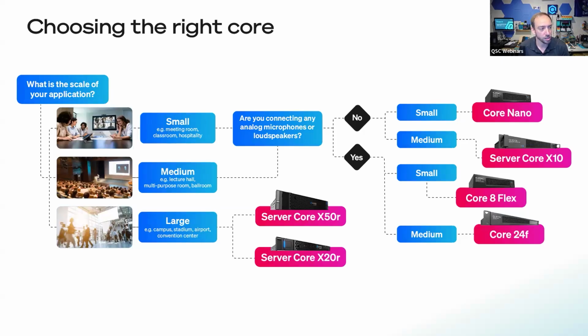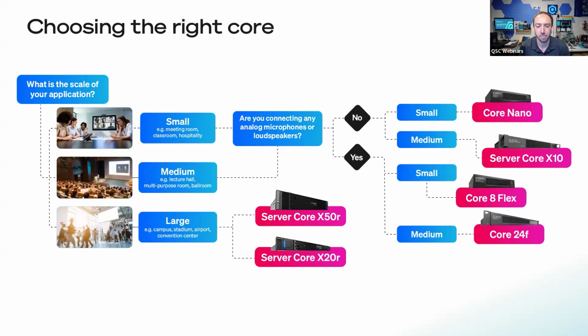X10 and larger starts to get more complicated. You look at how much control processing you're planning on using. Are you planning on leveraging Q-SYS Vision Suite? If so, then Core 24 or higher becomes a requirement. How many UCIs is not something I typically jump into too much, unless there's a big scope for, I want 70 touch panels.